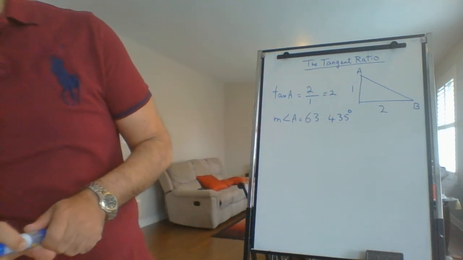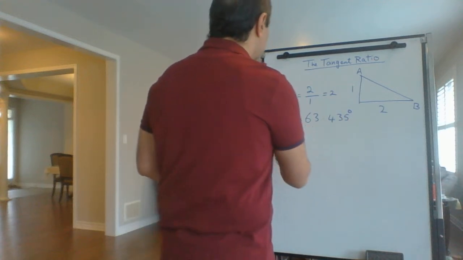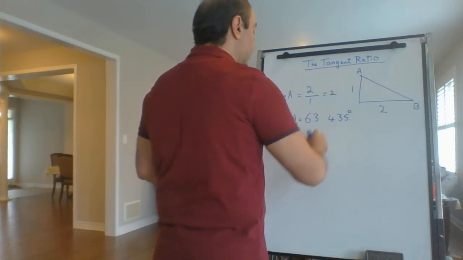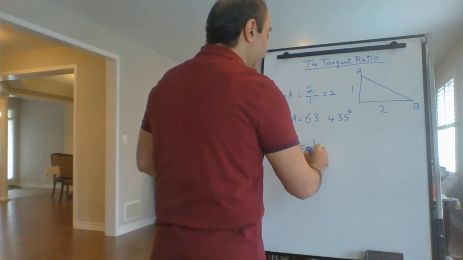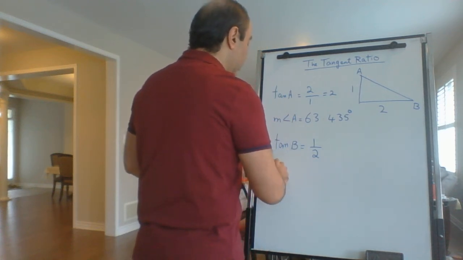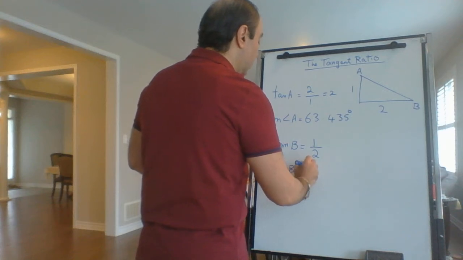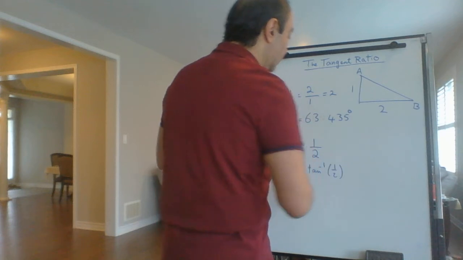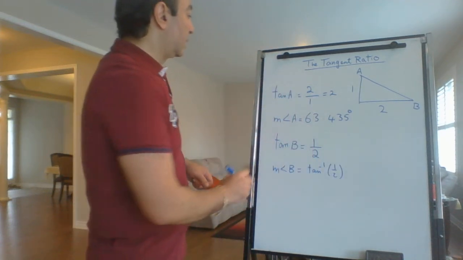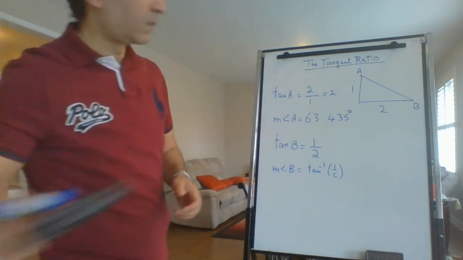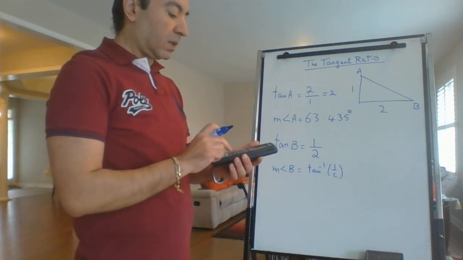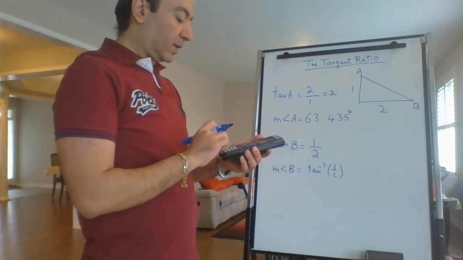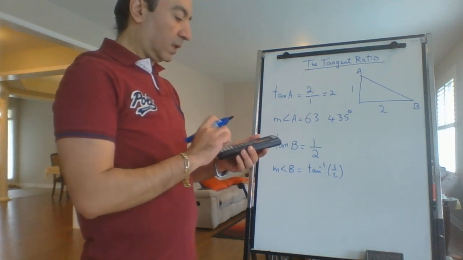Let us say I want to find tan B. Tan B will be opposite over adjacent. So the measurement of angle B will equal tan inverse or tan minus 1 of 1 over 2. So we go to the calculator, we do inverse tan of 1 over 2 or 0.5, and we hit enter.